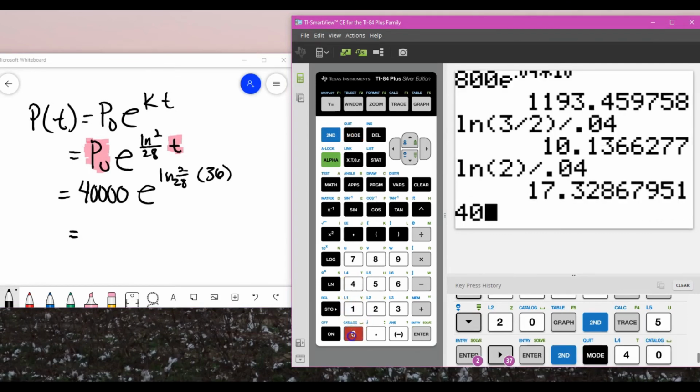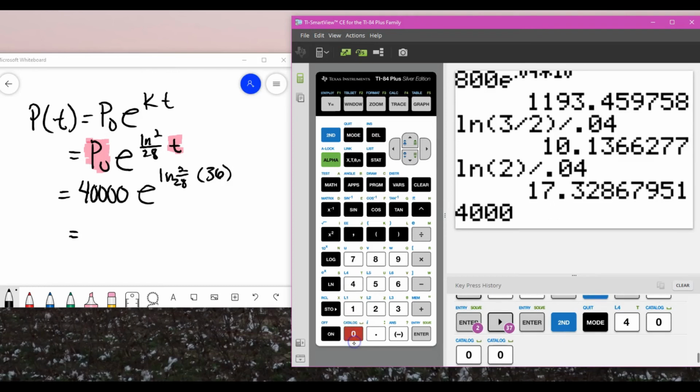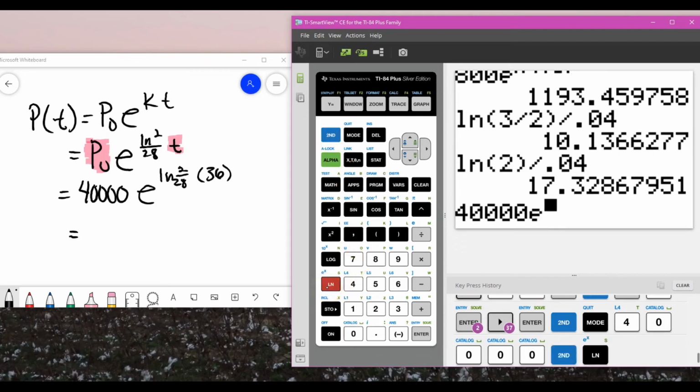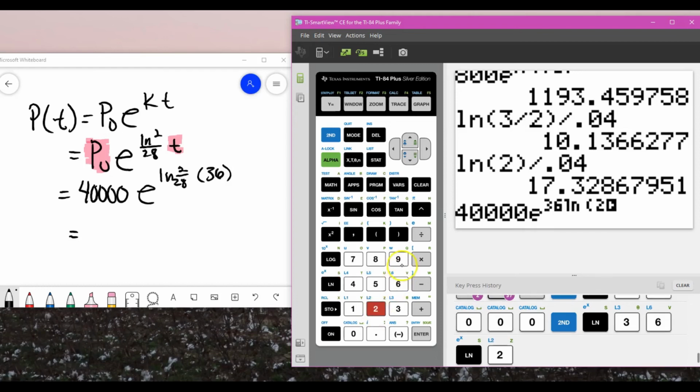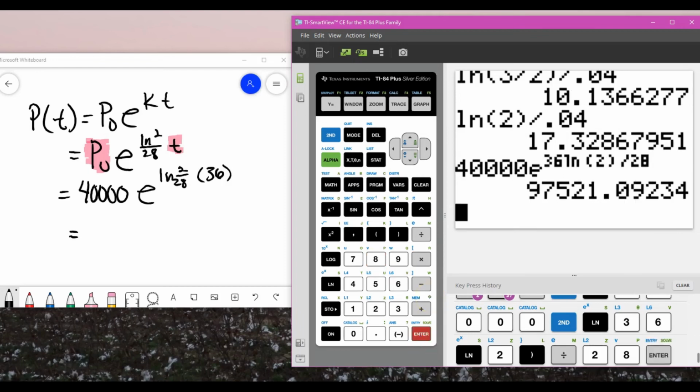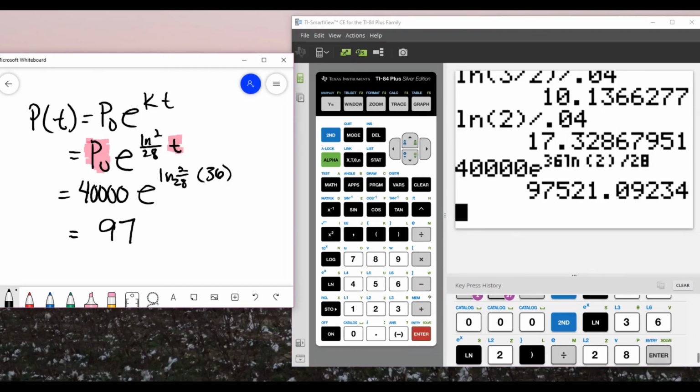It's 40,000 e to the... It's a little bit easier if I type the 36 first instead of last. Natural log 2 over 28. And that's 97,521, and I'll round to the nearest whole number.